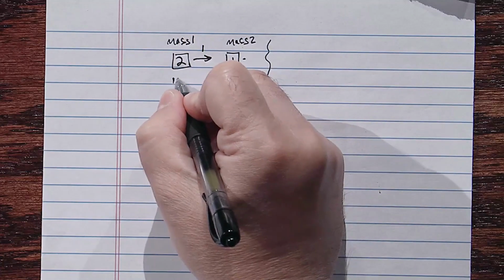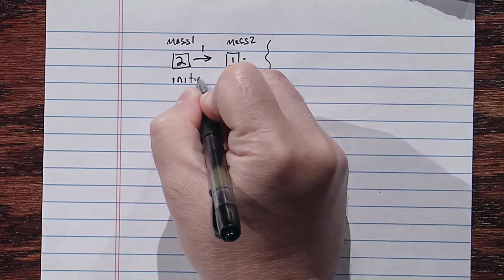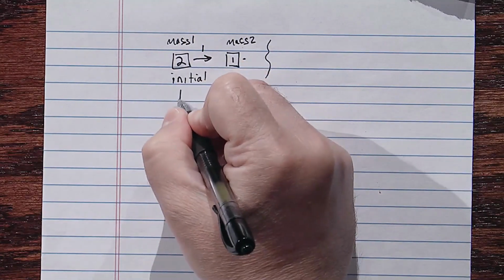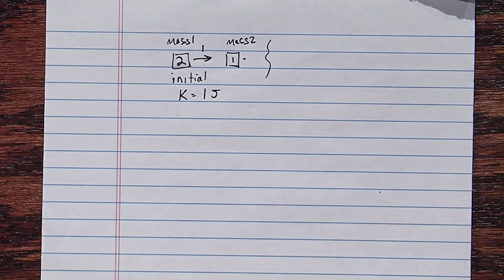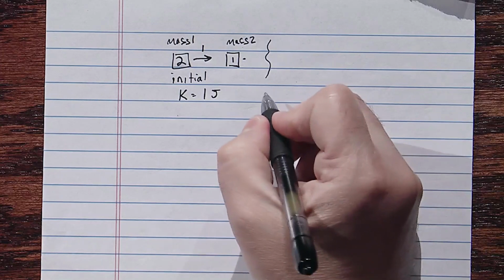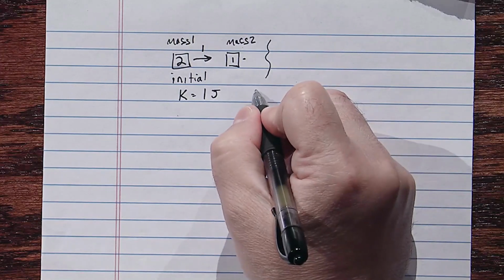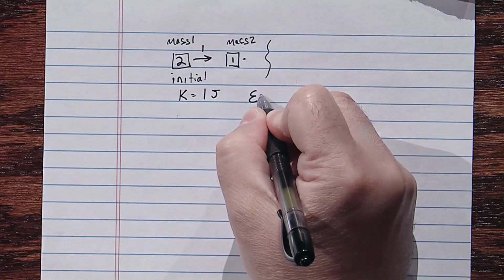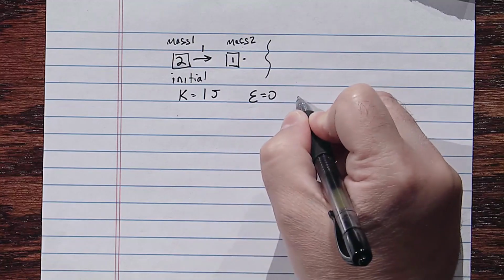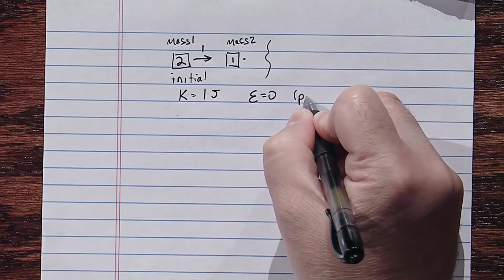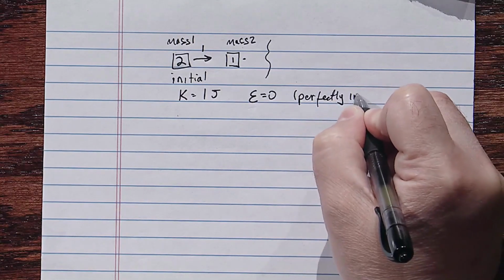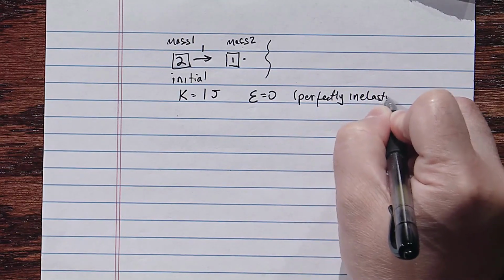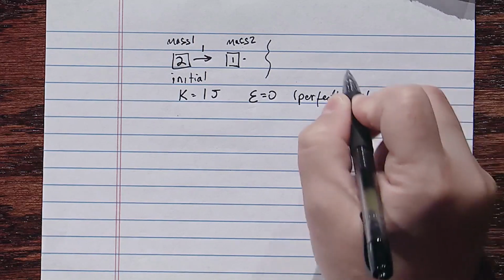So this is our initial situation. And we had a kinetic energy of 1 joule we calculated. And this time we're going to have a perfectly inelastic collision. E is equal to 0.